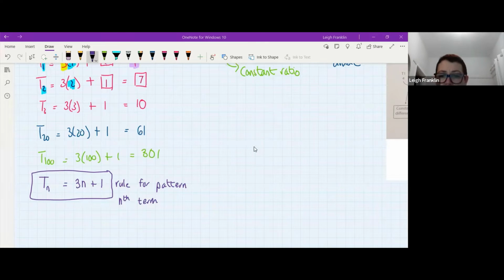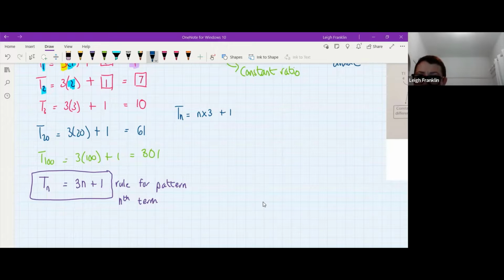Okay, I want to ask you another question. If I chose to write it like this, is that okay? If I write Tn as n times 3 plus 1, am I allowed to do that? No. Why not, Anati?